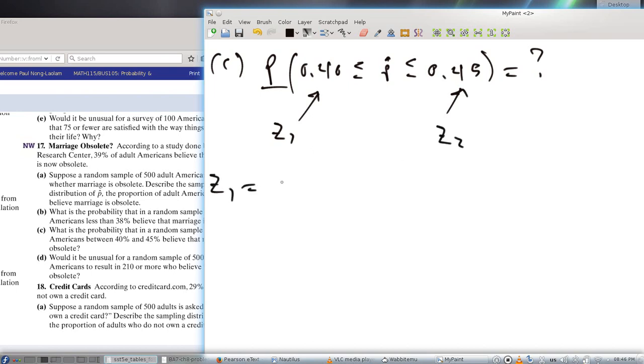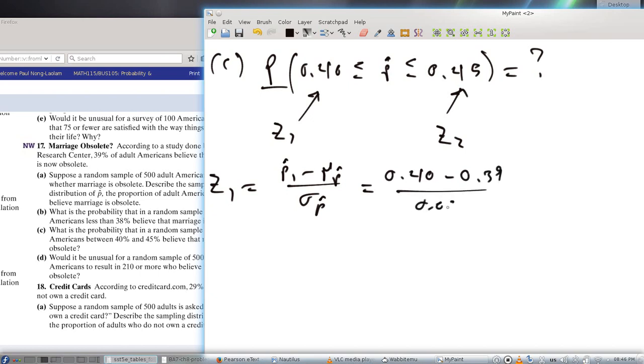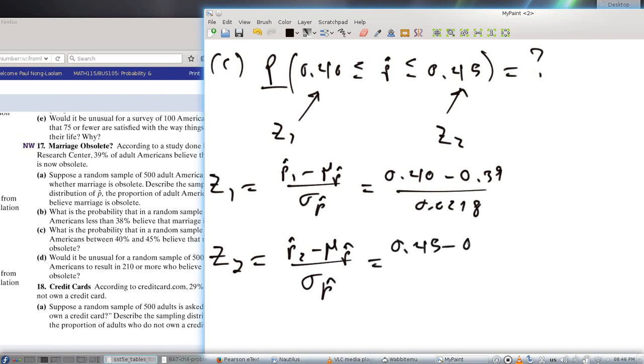So z1 is p hat 1 minus mu of p hat over sigma of p hat, and that is 0.4 minus 0.39 divided by 0.028, and then z2 is p hat 2 minus mu of p hat over sigma of p hat, which is 0.45 minus 0.39 all over 0.0218.